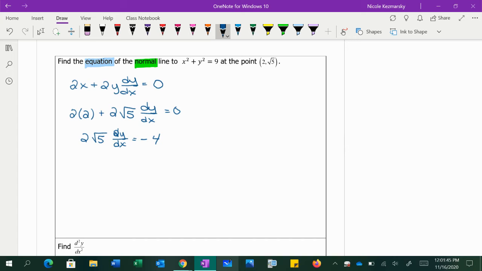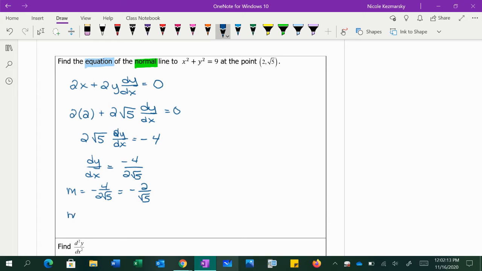Then we're going to divide by 2 square root of 5 and get dy/dx equals -4 over 2 square root of 5. So this means the slope is -4 over 2 square root of 5, which I could actually simplify because 4 over 2 is 2. So we could make this -2 over square root of 5.